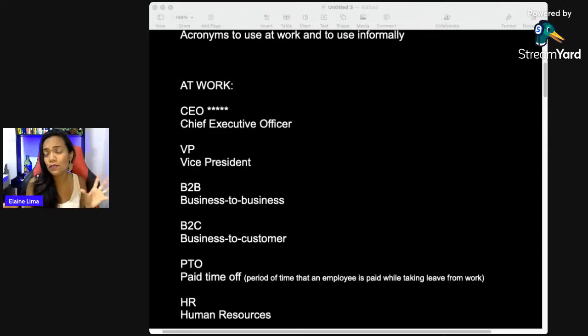So, for example, if I decide to be away from work tomorrow morning, so then I just put on my calendar PTO. I'm not gonna be working tomorrow morning. They don't question, they don't ask what I'm going to do, where I'm going to. And it's getting more and more common in those big tech companies. Okay.